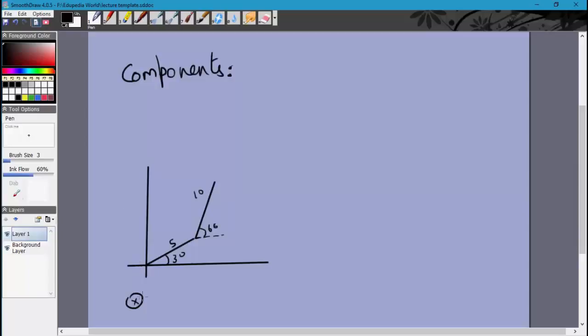Right, sorry, this is going away from the viewer. This is towards the viewer. It's coming towards the viewer. This is x and this is y. But also, what is the magnitude? 5 times 10 times sine 30, which is 25. So for these two vectors a and b, a cross b is a vector of magnitude 25 pointing in this direction, coming towards the viewer.